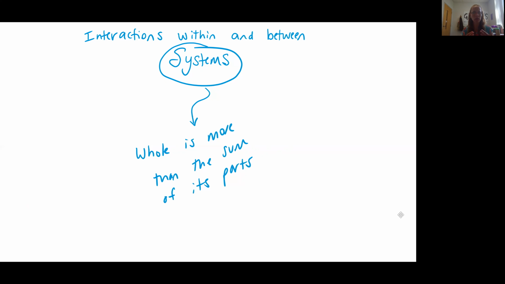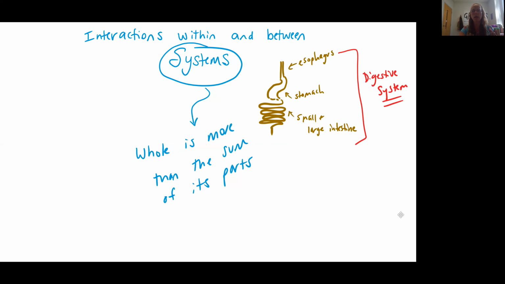And what we're seeing with living things and with biology is that there's interactions constantly happening within a system and then between systems. This could be as simple as looking at complex multicellular animals and looking at things like organ systems. So here's my wonderful drawing of the digestive system.